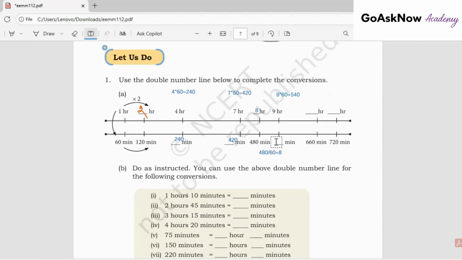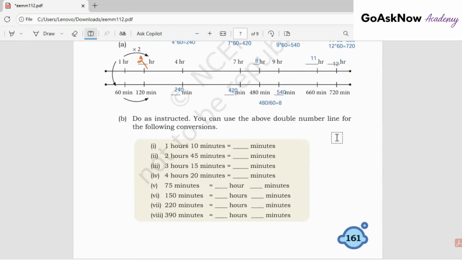Here the answer is 540. Next 660, that is 11 into 60 is equal to 660, and 12 into 60 is equal to 720. Here the answer is 11 hours is equal to 660 minutes and 12 hours is equal to 720 minutes.